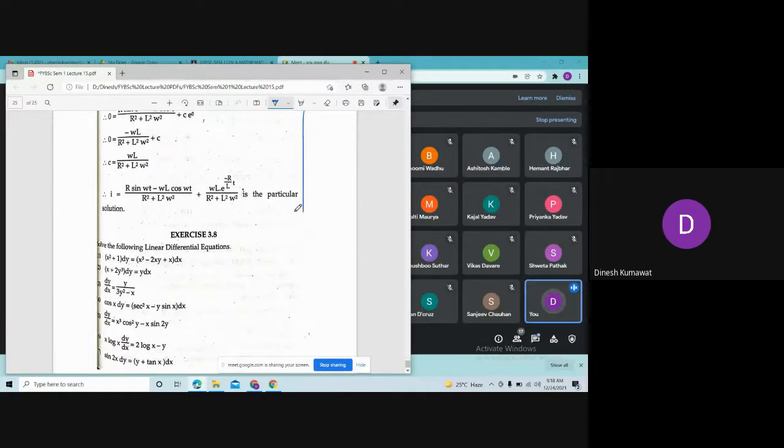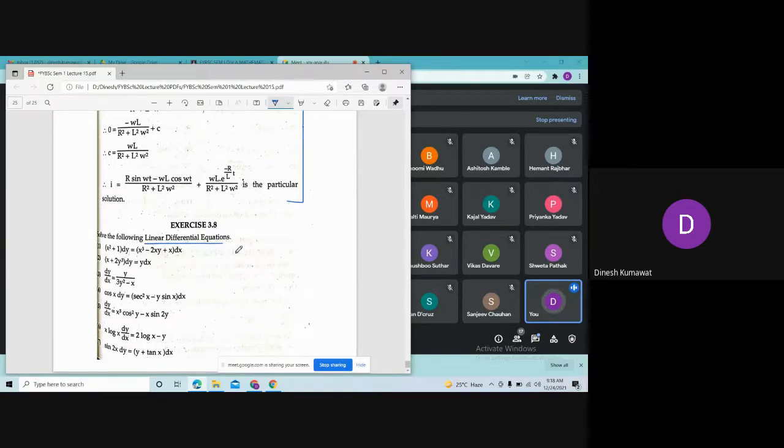Okay, so here we have completed this topic, which is nothing but linear differential equation. Now here you have some exercises based on this topic. Okay, now our next goal is to study what is Bernoulli's differential equation.